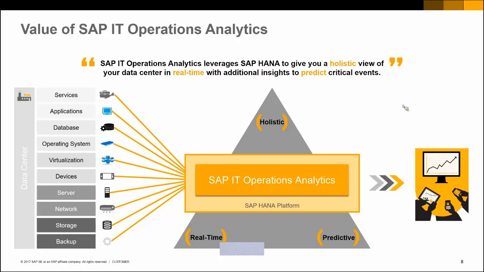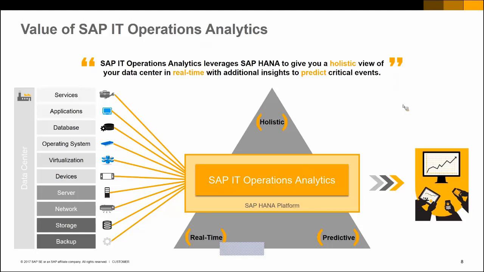SAP ITOA has a refresh rate that can go down to 5 seconds. So the information you're dealing with is the information that is actual at the time. It's not historic. It's coming in immediately, and it gives you the ability to act on events in the moment, not events that have happened and you're reacting to them.